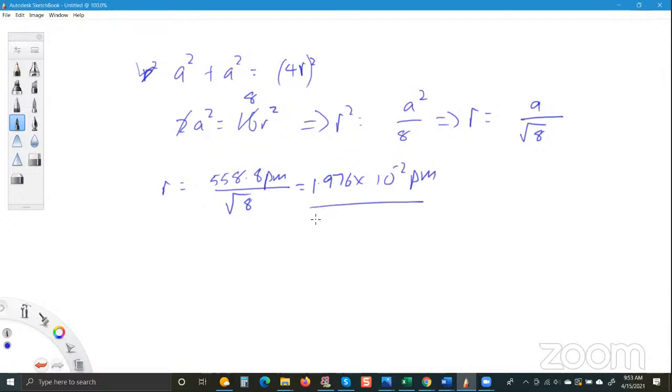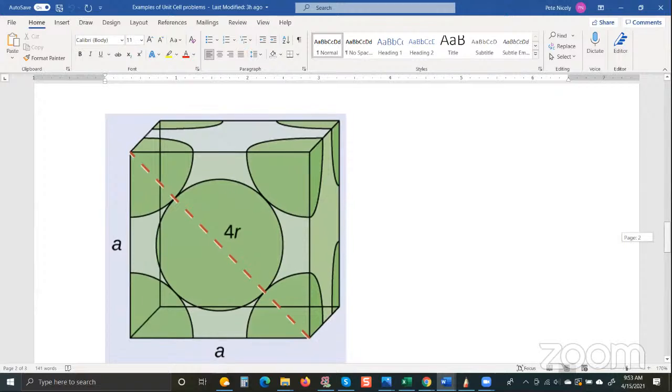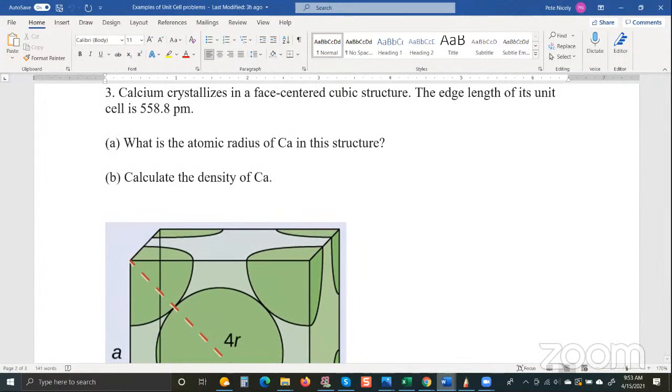So that would be the radius of, what's the element here? Of the calcium atom. So that answers the first part of this question, this example.